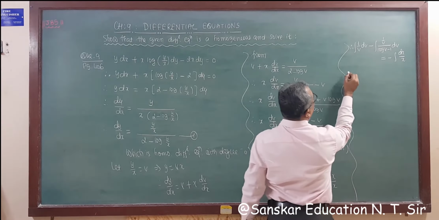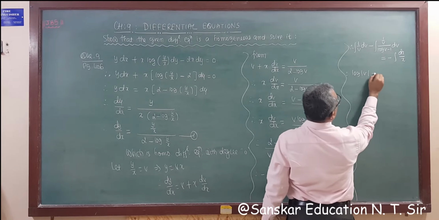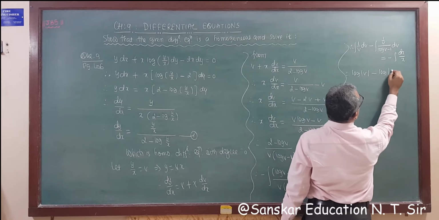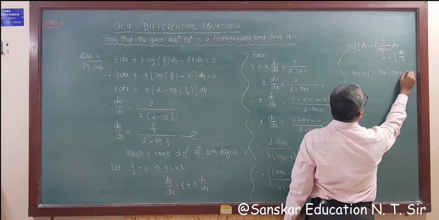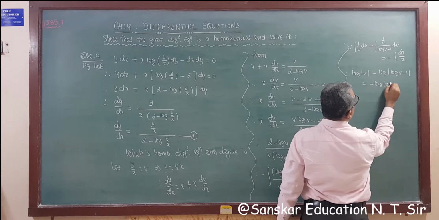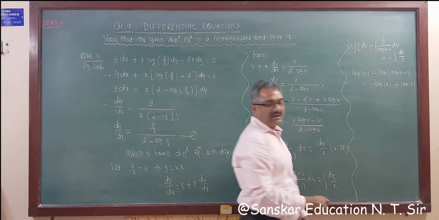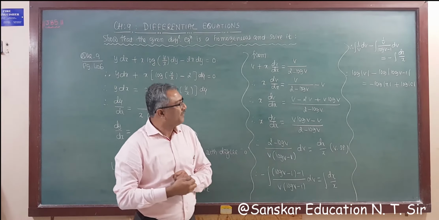So this is log mod v minus log mod (log v minus 1) is equal to minus log mod x plus log mod c, is the answer. Log mod v, right?